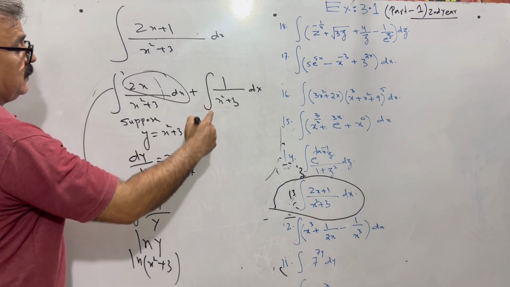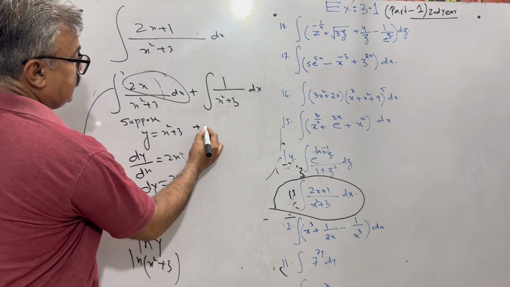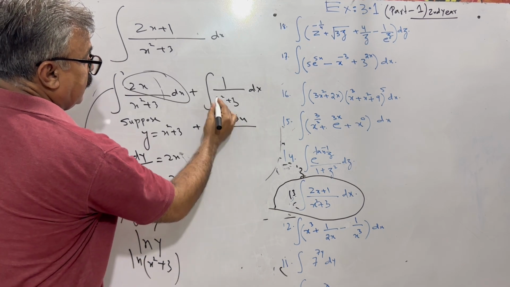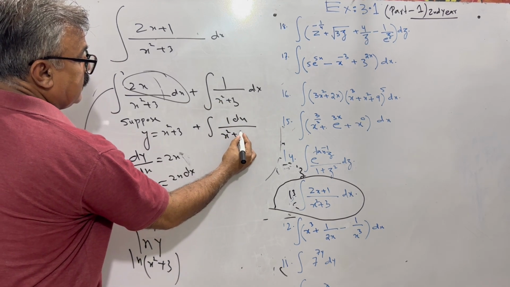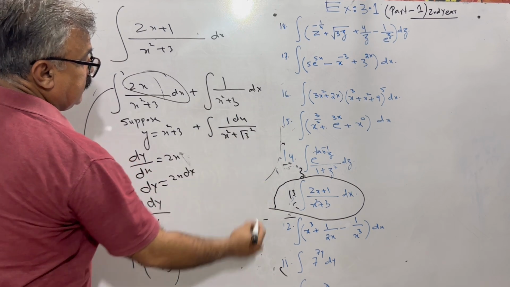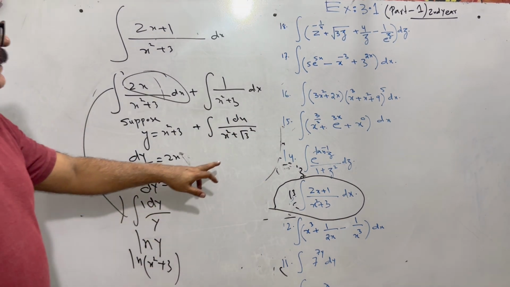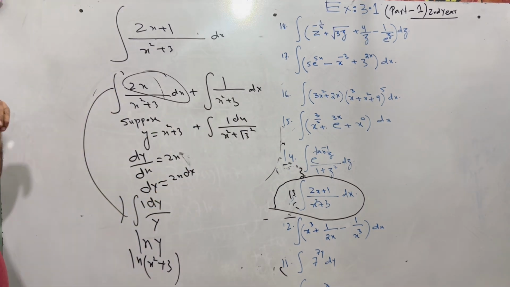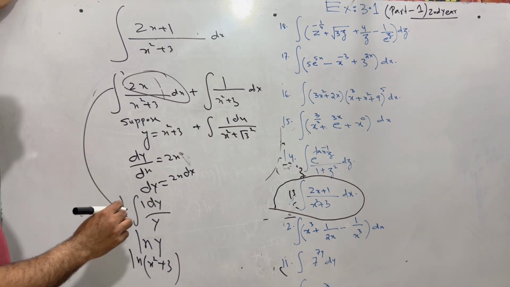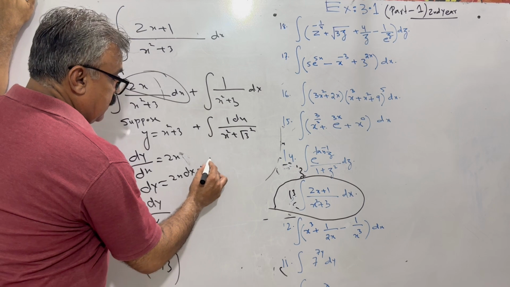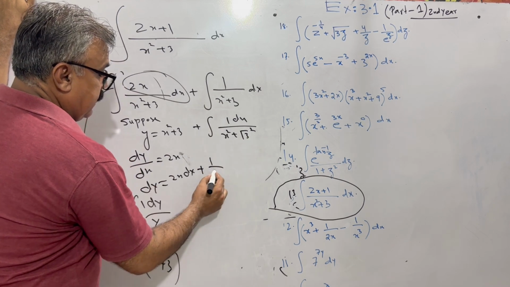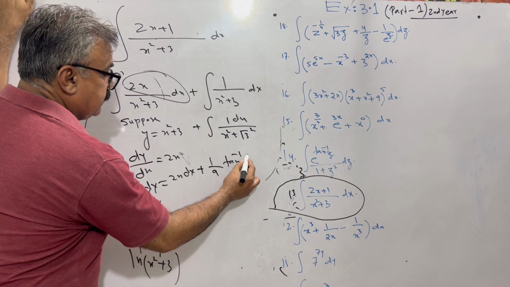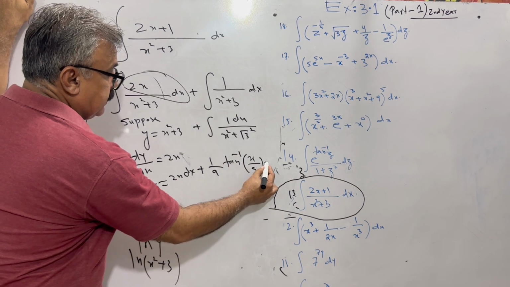What about this? How to handle this? This is the case I can write as 1 times dx over x square plus root 3 square. It is the differentiation of tan inverse x over a. So one can write this as 1 over a, this is our a. Let me write the formula for you: 1 over a tan inverse of x over a plus c.